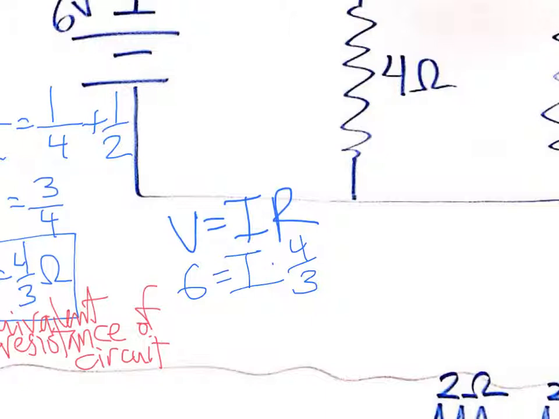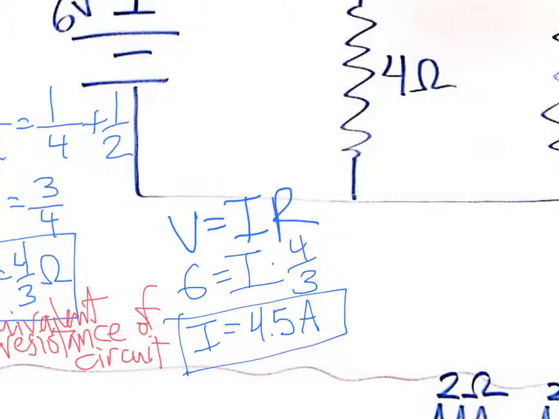Okay, so when I say the current through the circuit, well, let's just solve first. Multiplying by 3/4 yields 18 over 4, which is 4.5 amps. Okay, so this is the total current through the circuit.